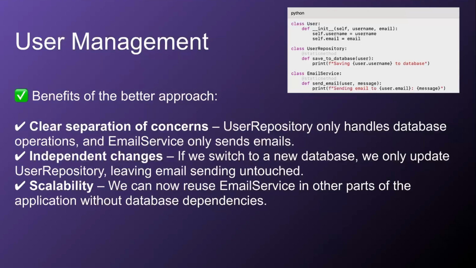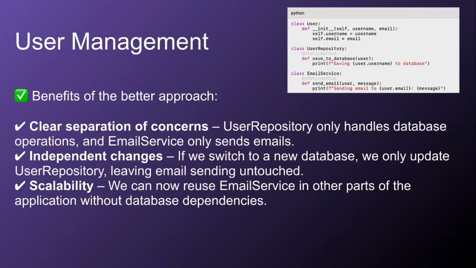Scalability. Now we can make use of this email service in other parts of the application without database dependencies. In the previous example, the send email thing was part of the whole user class that also had the save to database logic, and save to database has all those database dependencies, like which database it is going to use and what calls it is making.